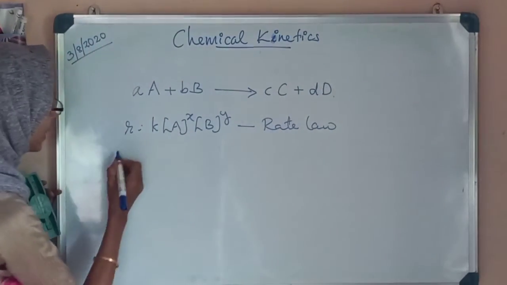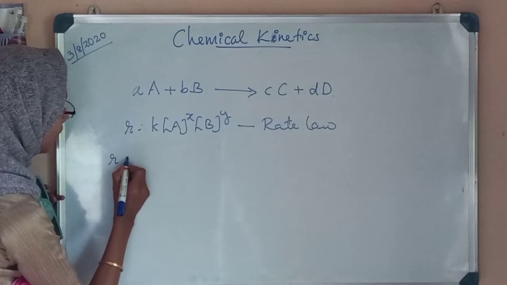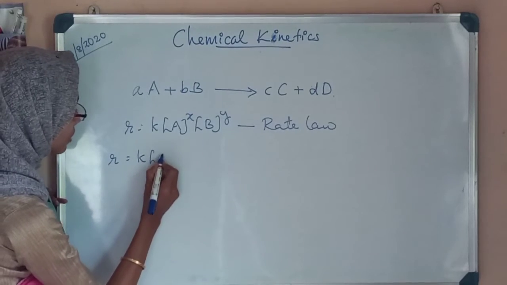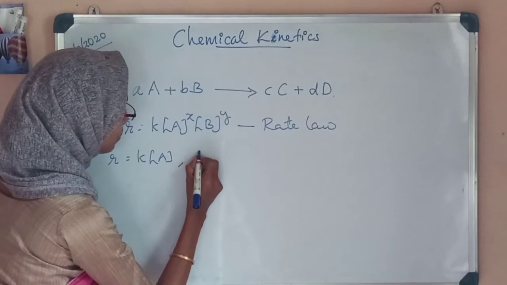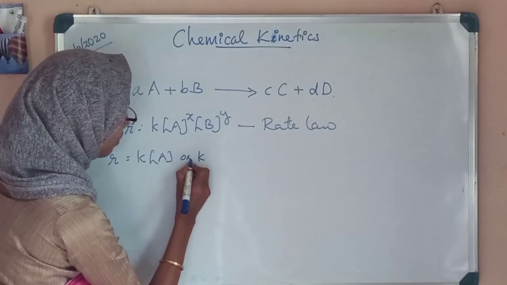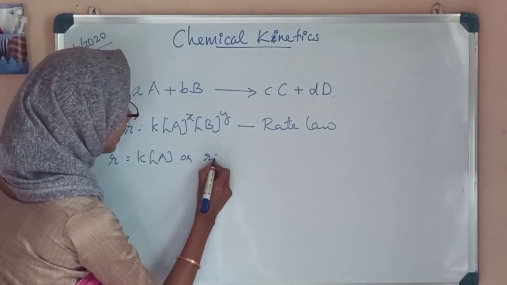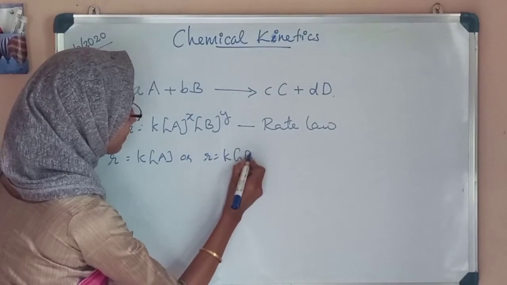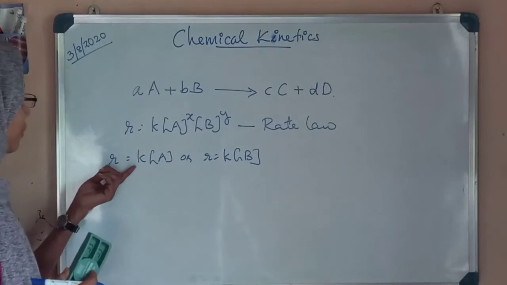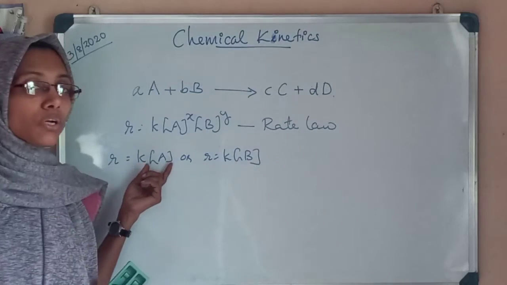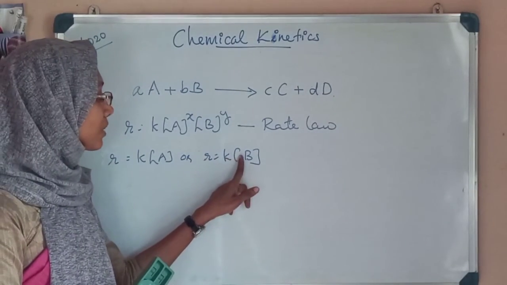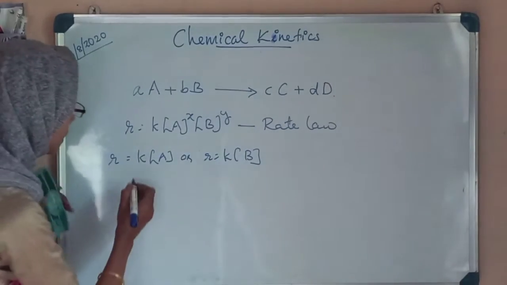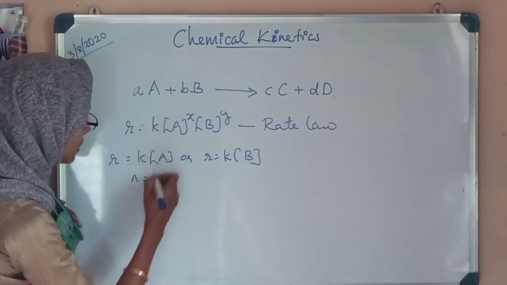Here for this reaction, then R is equal to K into concentration of A or R is equal to K into concentration of B. That means the rate of the reaction depends only on the concentration of A or only on the concentration of B. In such cases, the order of the reaction is equal to 1.